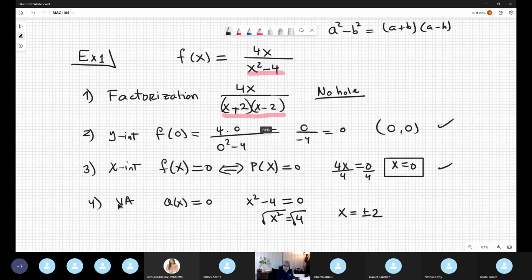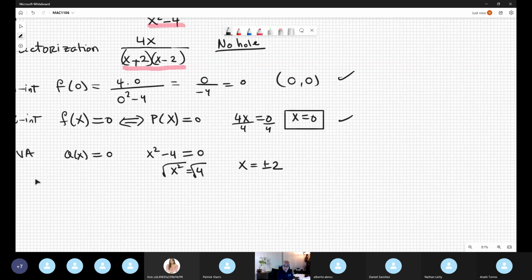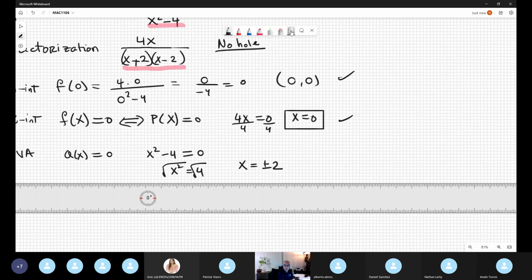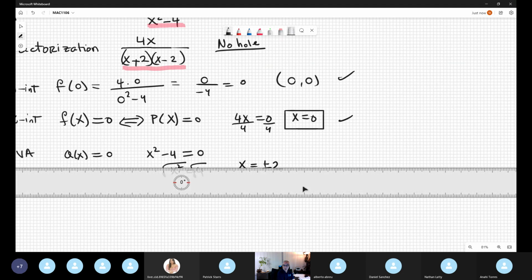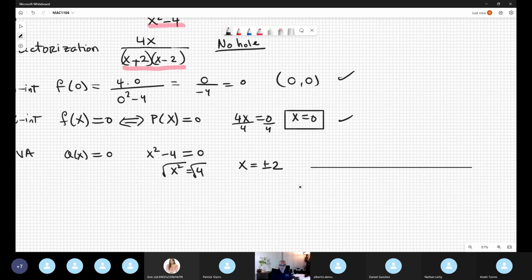Okay, now this is an important moment in which you are doing the partition of the whole real number line. This is my whole real number line. Infinity positive, infinity negative, and we have so far investigated that we have here an x-intercept at 0, and at positive 2 and negative 2 we have two vertical asymptotes.